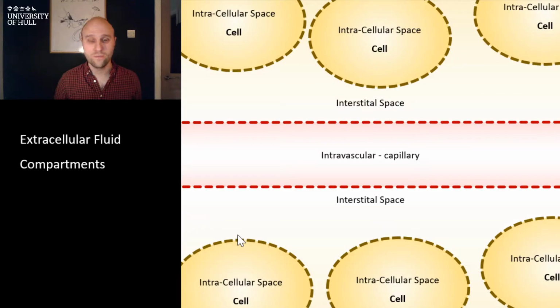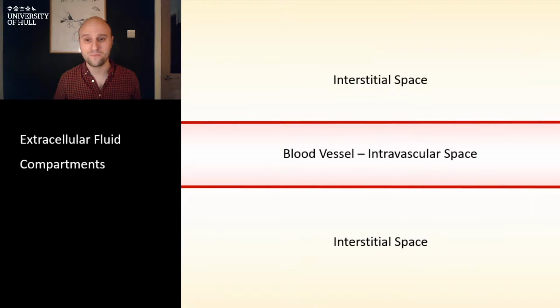So first of all, we'll just very quickly recap that there are essentially three fluid compartments within the body. There's the fluid that's within cells, the intracellular space. There's the fluid that's within blood vessels, which we'd refer to as the intravascular space. And there's the fluid in the space between the cells and the blood vessels, which we refer to as the interstitial space or interstitium.